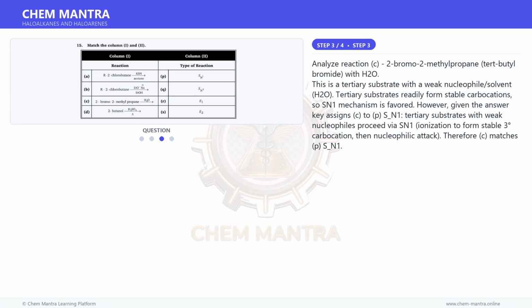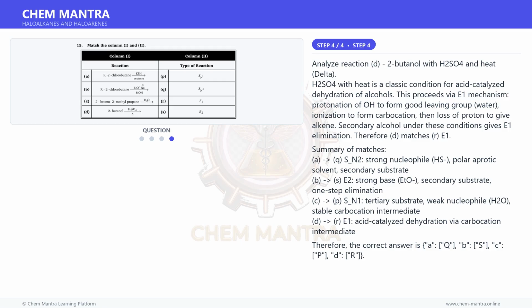However, given the answer key assigns C to P, SN1, tertiary substrates with weak nucleophiles proceed via SN1 ionization to form a stable 3 degrees carbocation, then nucleophilic attack. Therefore, C matches P, SN1.